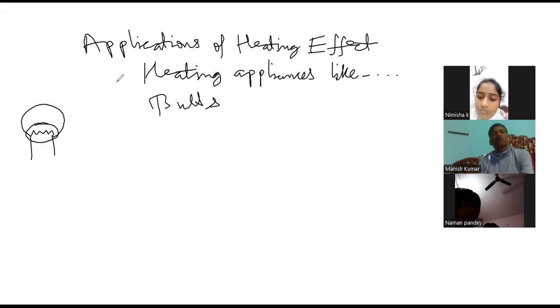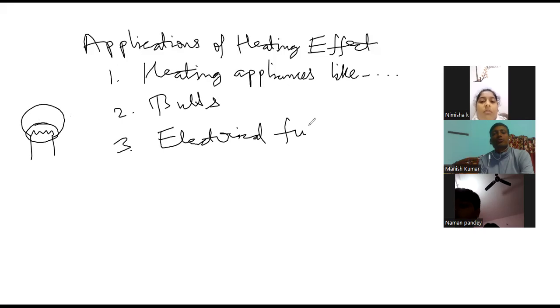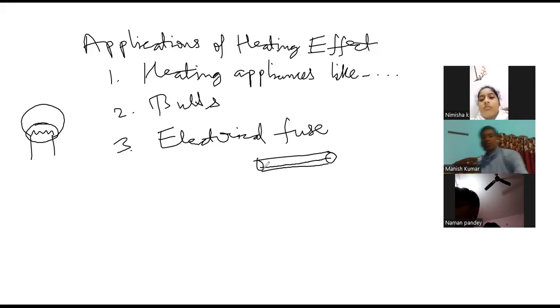And then we are also using it in electrical fuse. The fuse has a thin wire here, okay? Now this wire has a very low melting point. Why are we using it?